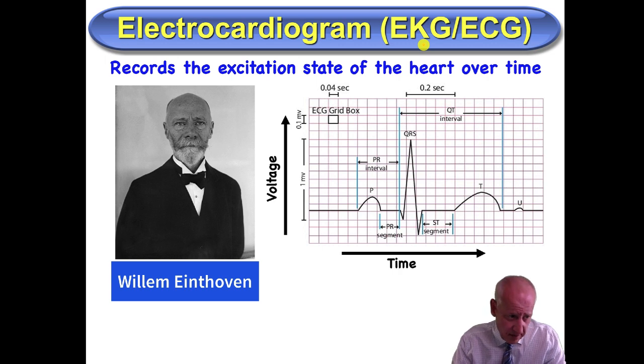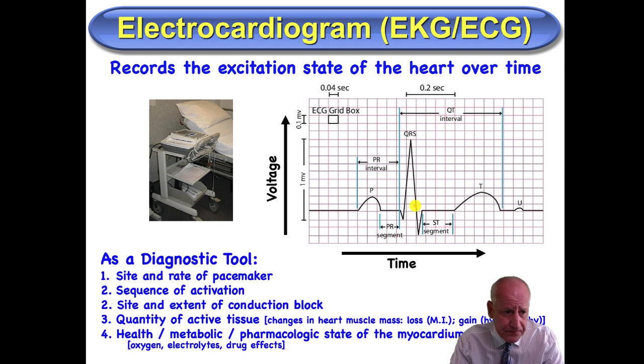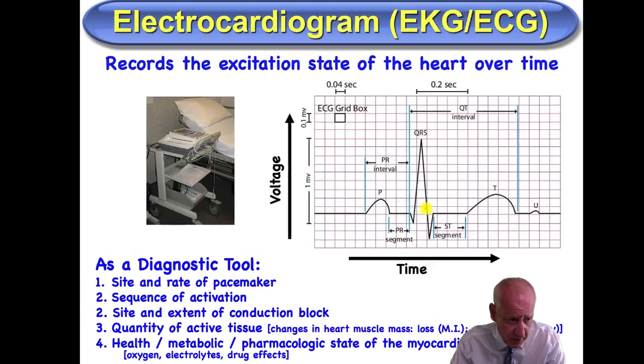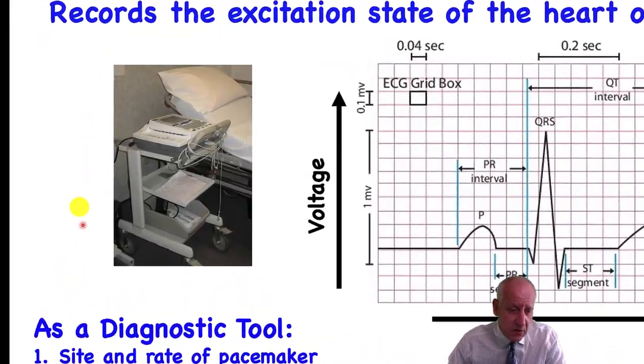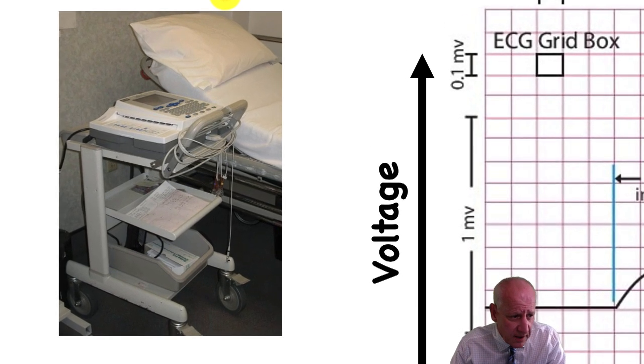So the EKG provides information on the excitation state of the heart over time, and it can help identify arrhythmias or the sites of conduction block or the location and extent of myocardial damage, or changes in the relative sizes of the heart chambers. Modern EKGs, like the ones shown here, and like the ones that you'll use in lab, have built-in computer algorithms that can automatically analyze the waveforms and make predictions about pathologies.